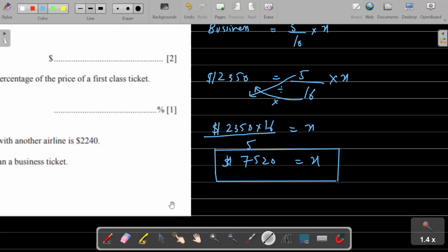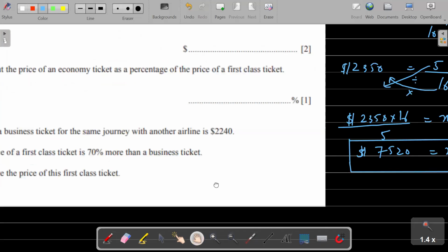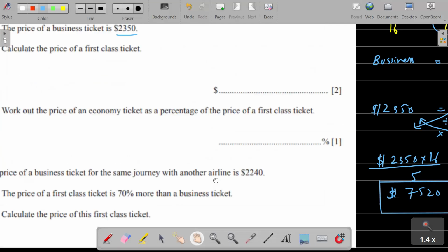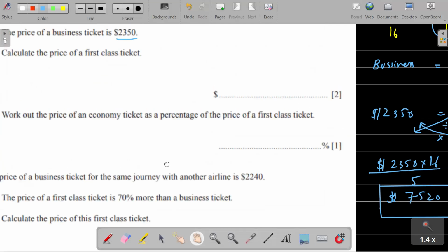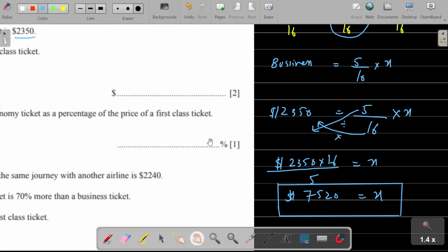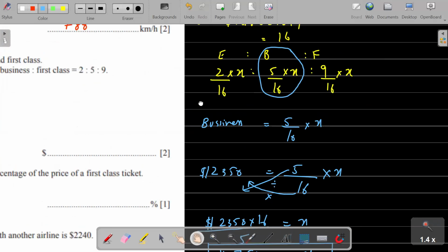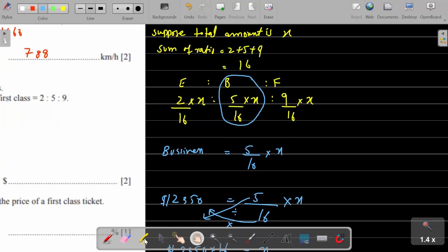Now, the next part says to work out the price of an economy ticket as a percentage of the first class ticket. It means that first I need to calculate my first class ticket as well. I will put the value of x over here to calculate my economy class and my first class.